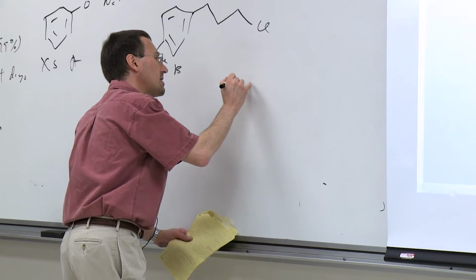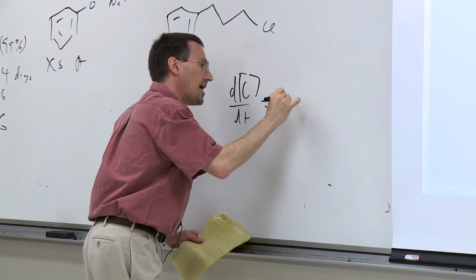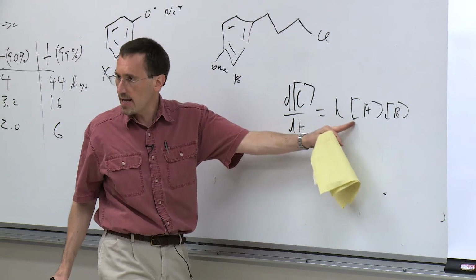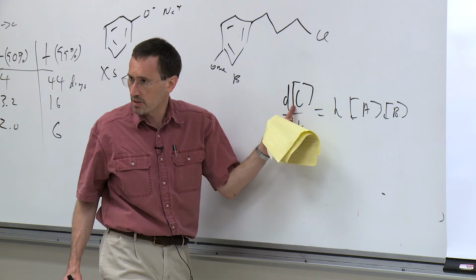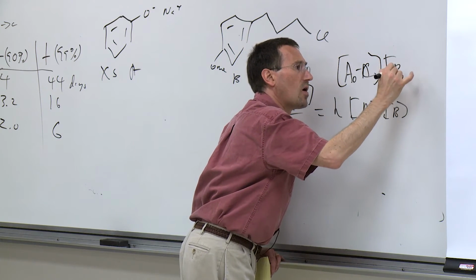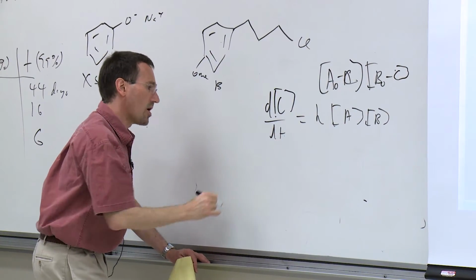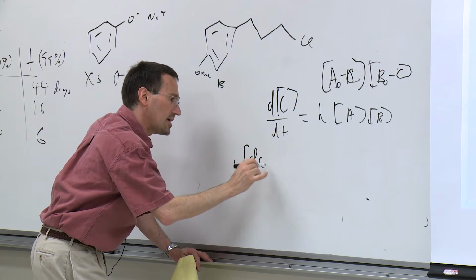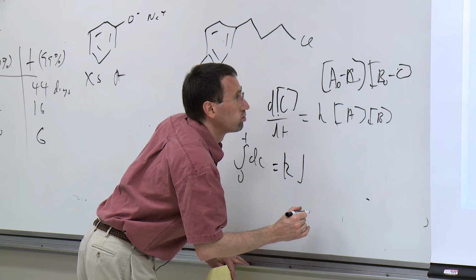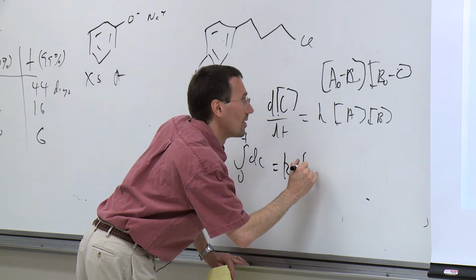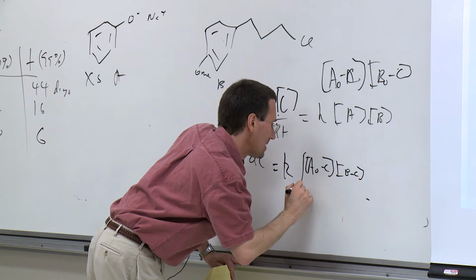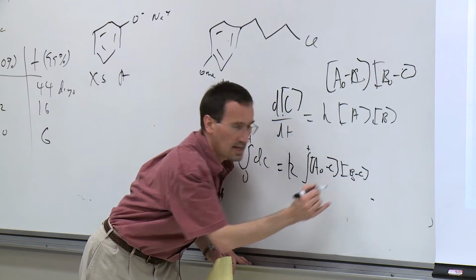So remember the equation dC/dt is equal to k, concentration A, concentration B. Concentration A equals concentration A naught minus concentration C, and this becomes B naught minus concentration of C. Then we integrate dC from 0 to t is equal to k times the integral of (A naught minus C)(B naught minus C) from 0 to t. I think that's the setup on the calculus correctly.